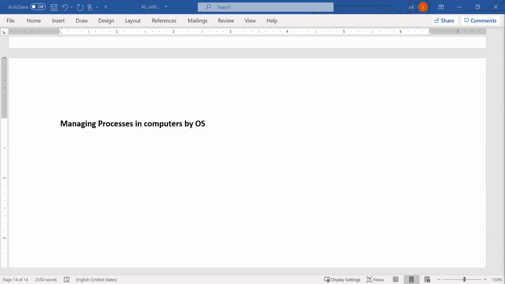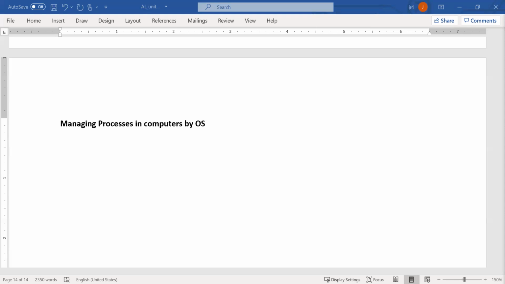As I told you, when you open up a program, it will create a process, one or multiple. Then you have to schedule it, order it, and finally finish it, right? So first we'll start with looking at what a process is.